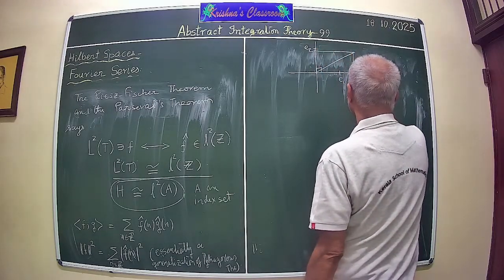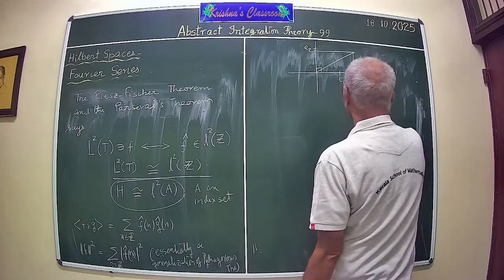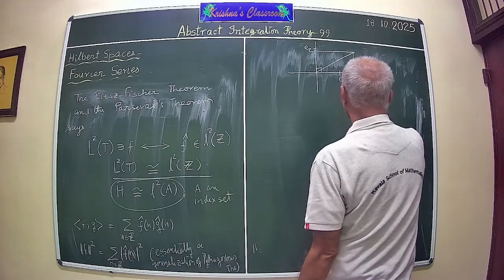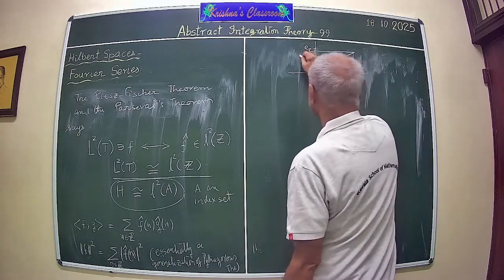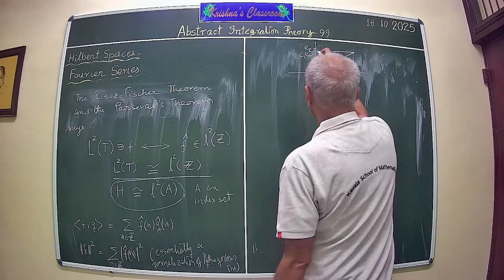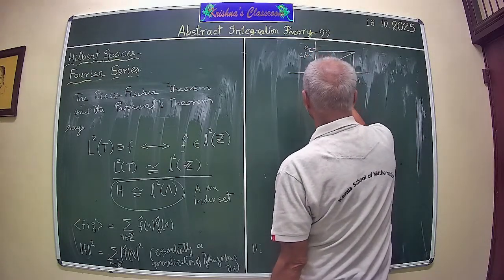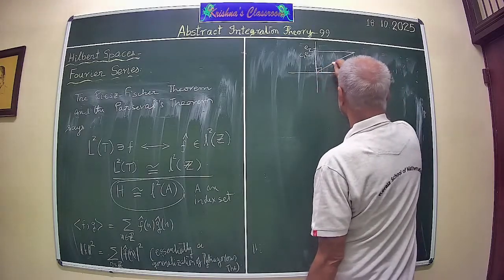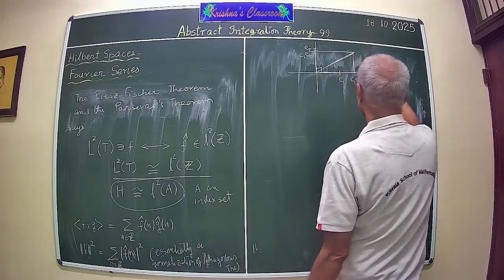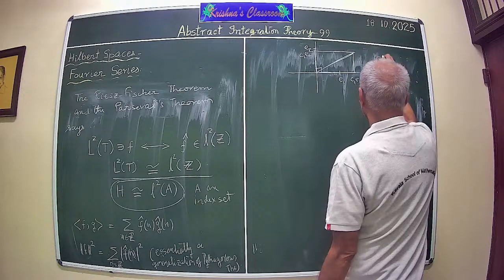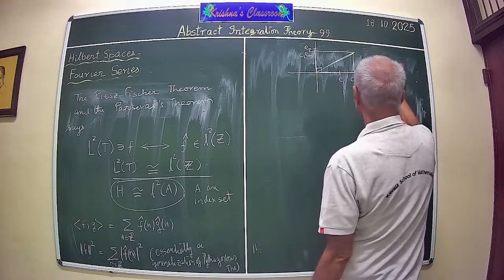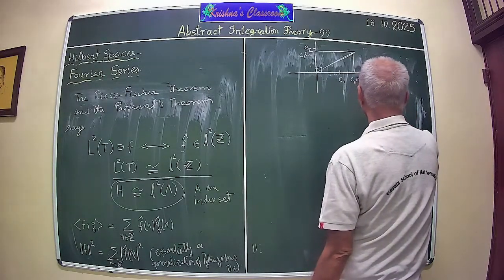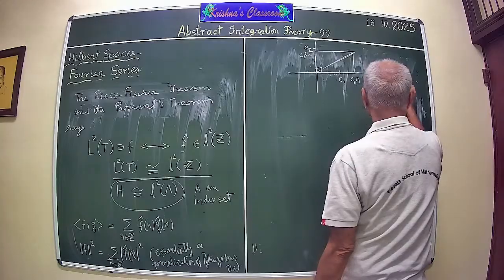So you have C1 E1 and here it is C2 E2, where this length is equal to C2, this length is equal to C1. This is the length of the vector, and you see that C1 is essentially the inner product of x and E1.